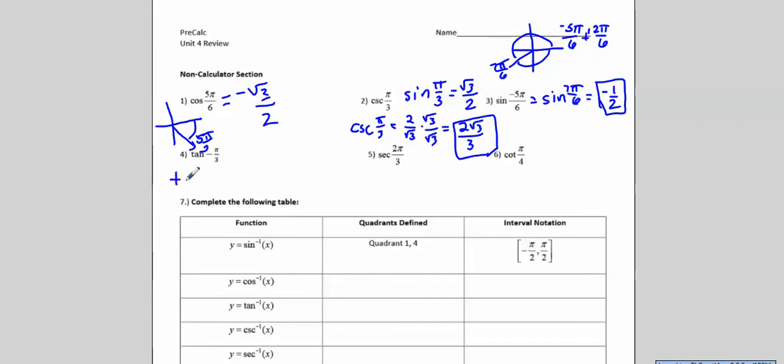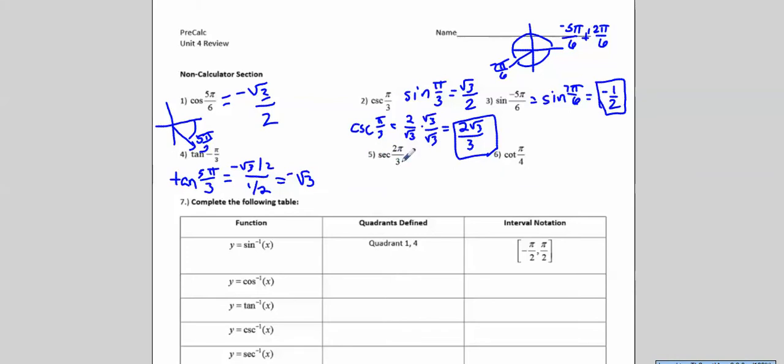So I'm doing the tangent of 5 pi over 3. Tangent is the y value over the x value, so my y value is negative root 3 over 2, and my x value is positive 1/2. So the over 2's will cancel. I have negative root 3 divided by 1, which is just negative root 3.